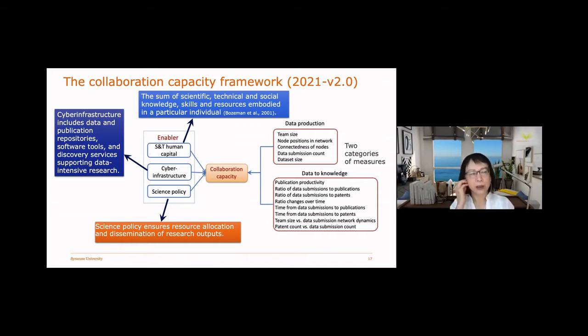So based on the first version, we're still very much focused on how to measure the collaboration capacity.